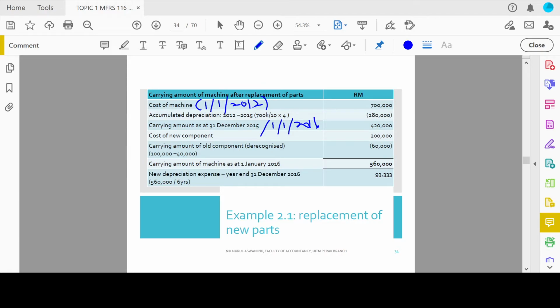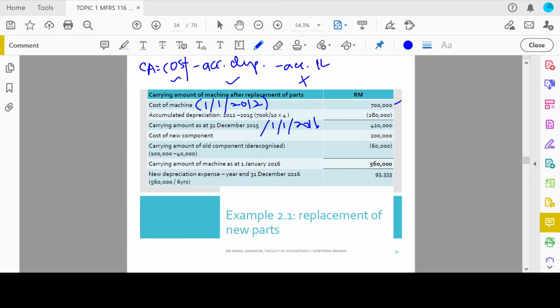So take the cost. What is the formula to calculate the carrying amount? Carrying amount equals cost minus accumulated depreciation minus accumulated impairment loss, if any. In this case we don't have impairment loss, but we have accumulated depreciation and we have cost.